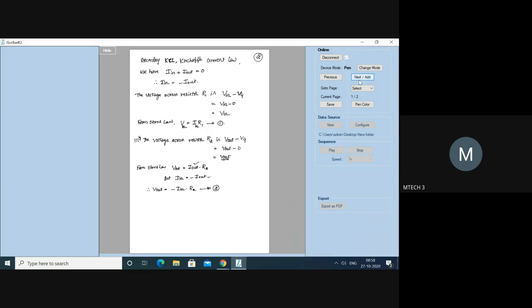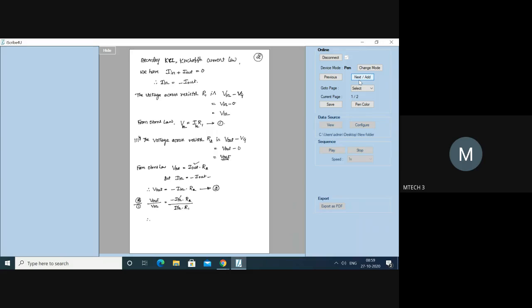Now we will divide 2 by 1. Vout by Vin will be equal to minus Iin R2 divided by Iin R1. Iin gets cancelled.